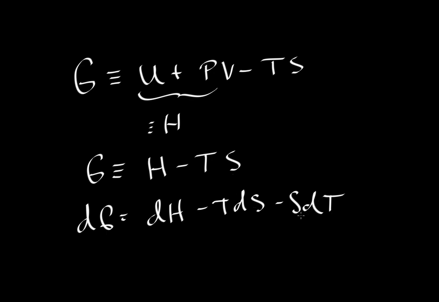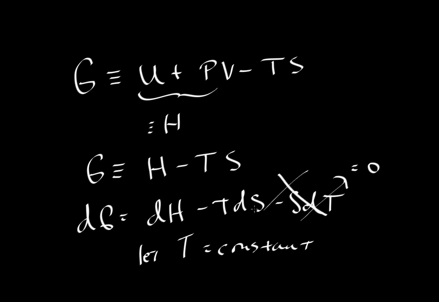What we can do is we can hold temperature constant. So at this point, let's let temperature equal a constant so it doesn't vary. That means that dT is equal to 0, and that whole term drops out. Let's erase the chalkboard. We're just going to rewrite this.